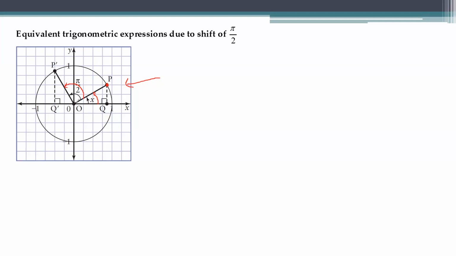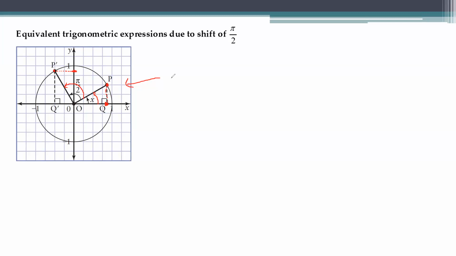And if you look here, basically the sine value at this point will be equivalent to the cosine value at this point. Those are equivalent trigonometric expressions.